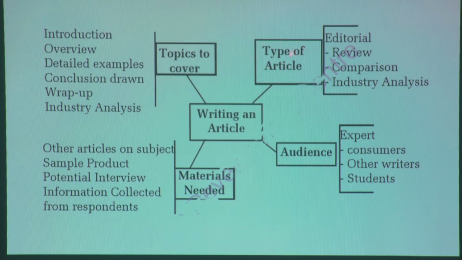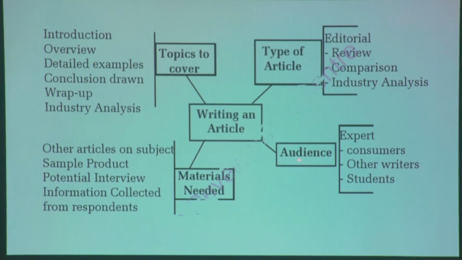Similarly, you also need to think of the type of article: editorial, review, comparison, industry analysis. Similarly, you can think about the audience: experts, consumers, other writers, students, and so on. Similarly, while writing the article, you have to consider some materials, for example, other articles on the subject, sample product, potential interview, information collected from respondents.